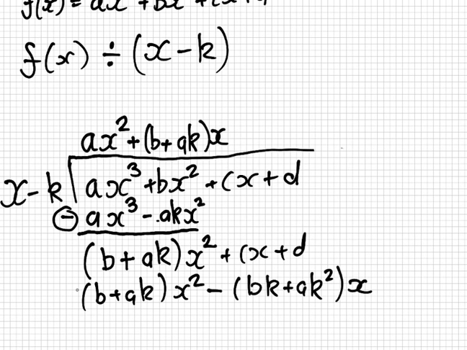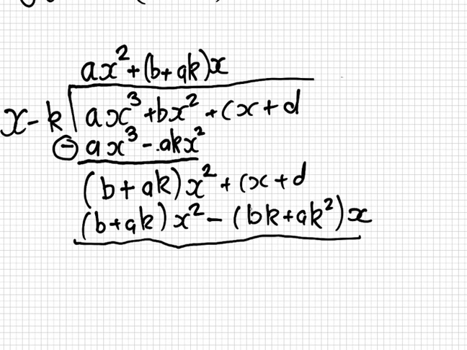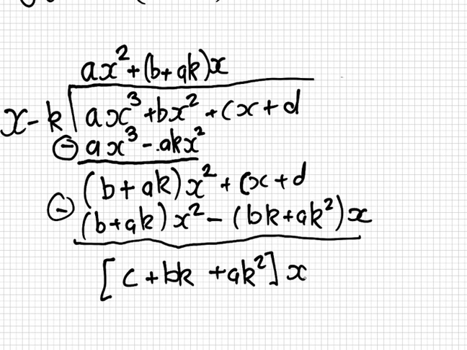Okay. So now I subtract. So these cancel. Now, sorry, that's a c there. So I need big brackets here. c minus minus, so that's plus. (c plus bk plus ak squared)x plus d.